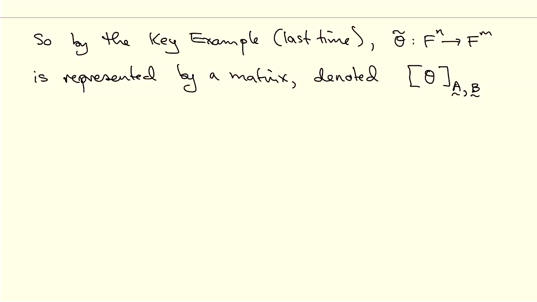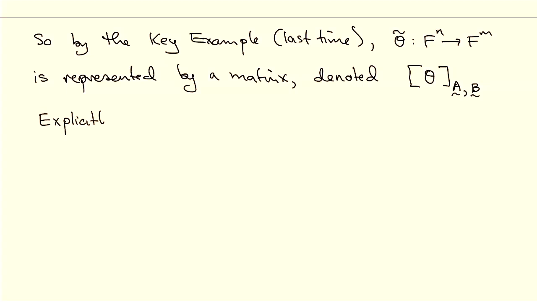Similarly here, the B is a basis for the domain, the V from earlier, and the A is a basis for the codomain, the W. Theta is a map from V to W. Just to emphasize, it's really important that once you get the notation in the right order, everything will behave like matrix multiplication with rows and columns, and it'll all be okay. If you get it the wrong way, then you're in a mess.